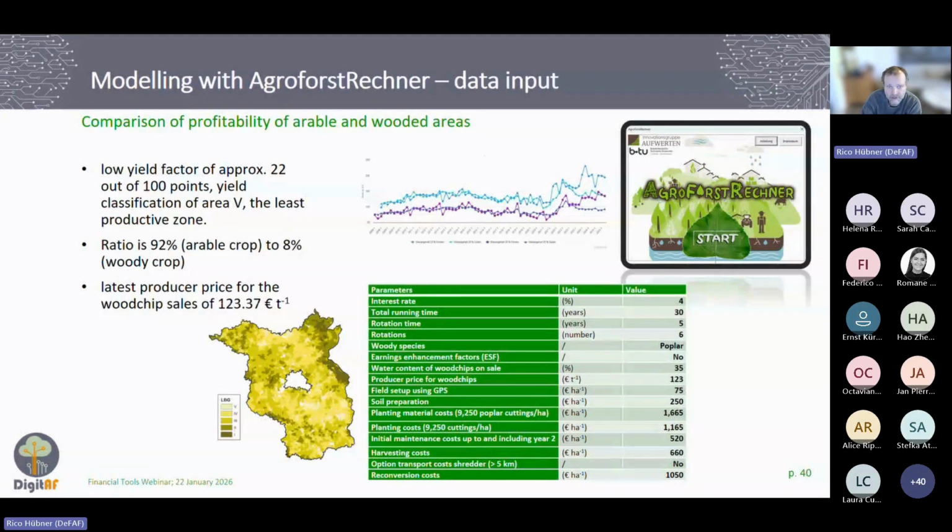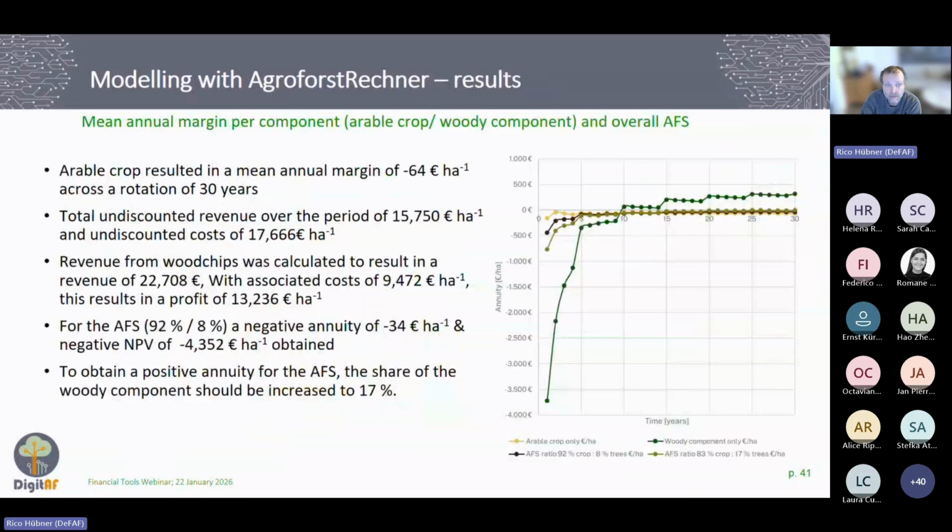Putting all these figures into the tool, we will receive some results. So here you can see a similar graph to the one Laura just presented that shows you the time of 30 years on the x-axis and the annuity in euro per hectare on the y-axis.